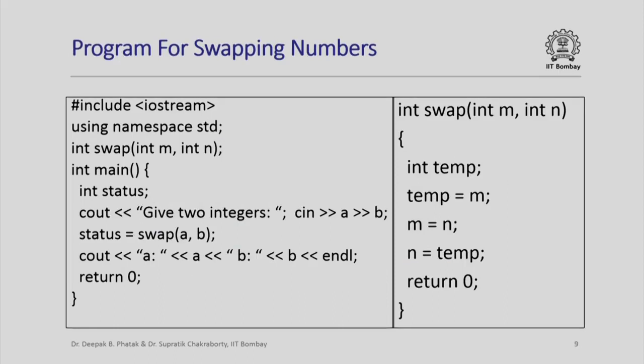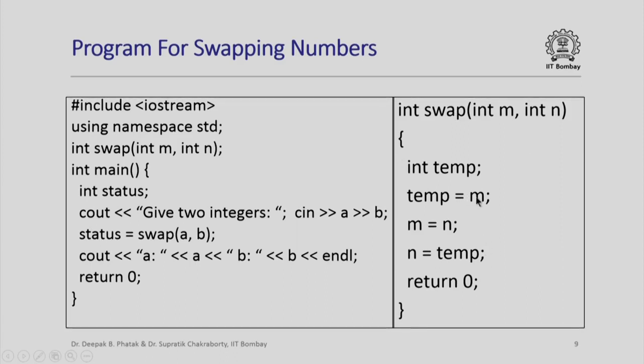Now let us look at how a program for swapping two numbers might look, and here we are going to use the call by value paradigm. So here is the main function that reads in two integers and then calls this function swap, to which it passes the values of the two integers that it has read in. The function swap takes the values of the two integers and then uses a simple mechanism to swap their values.